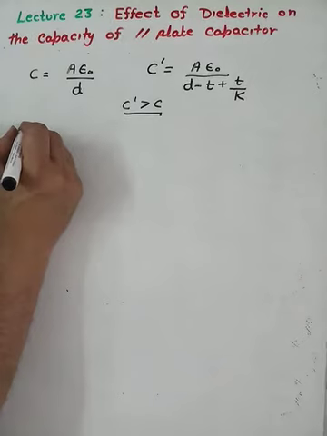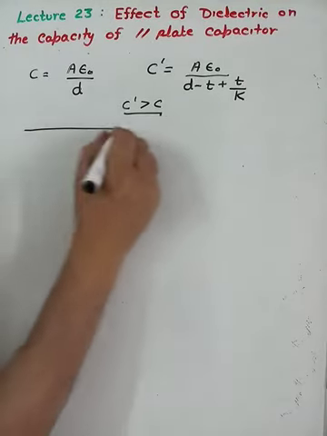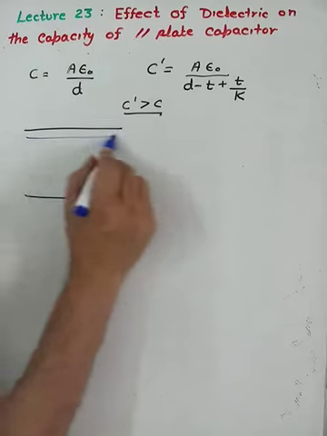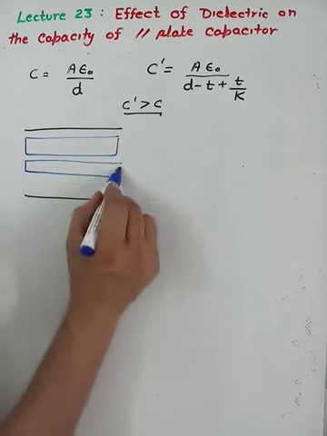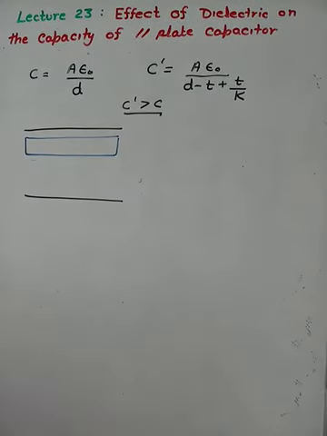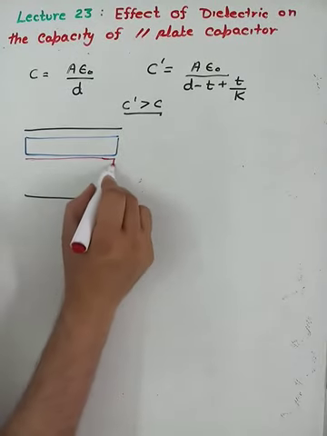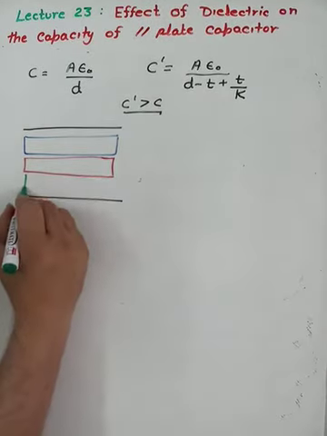Now if multiple slabs are introduced, suppose we have the capacitor plates and we insert multiple slabs instead of a single one, with no gap between them. Suppose we have one slab, this is the second slab, and this is the third slab, and so on.